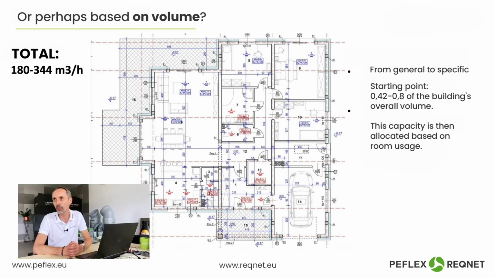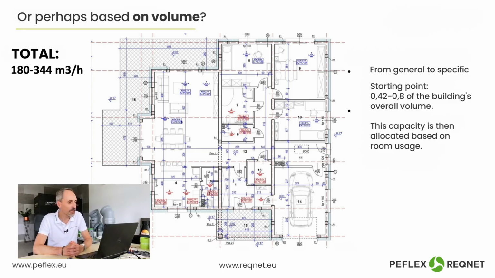So if we were to use this volume-based method in any way, here the coefficients range from 0.42, where 0.42 means air exchanges of the building's total volume, to a coefficient recommended by the Eurovent Association, that is, the European Ventilation Association, up to, let's say, 0.8 of the volume value. However, if someone wants to make a quick estimate, the best solution is to multiply by 0.5, so simply divide by 2.